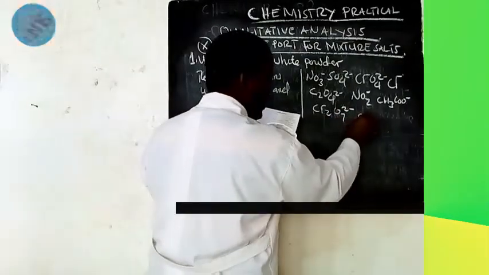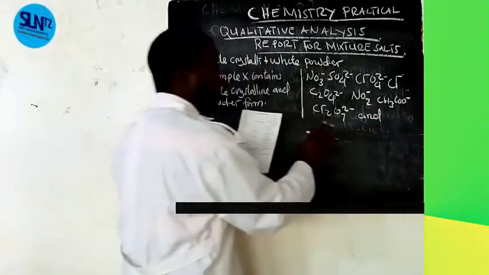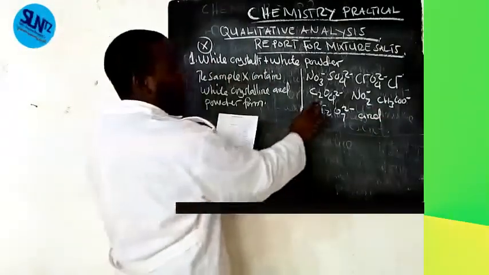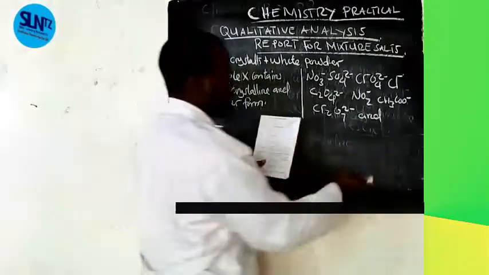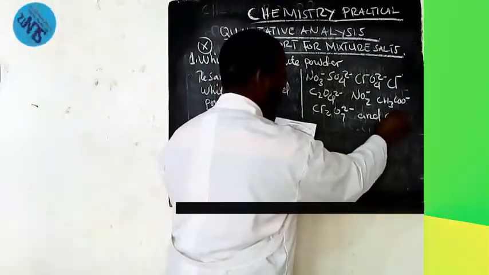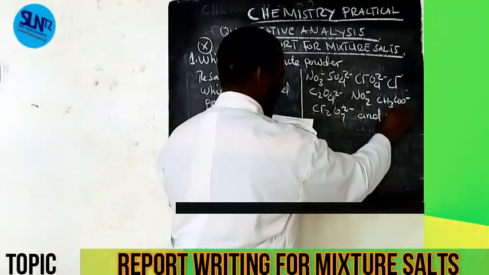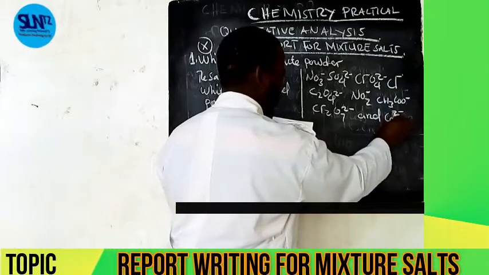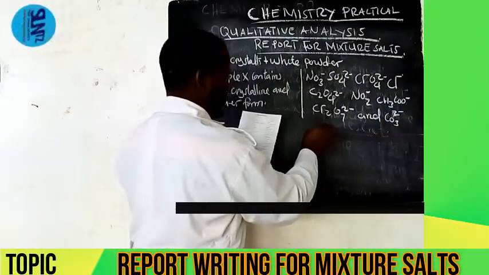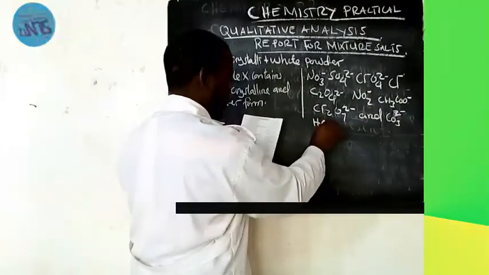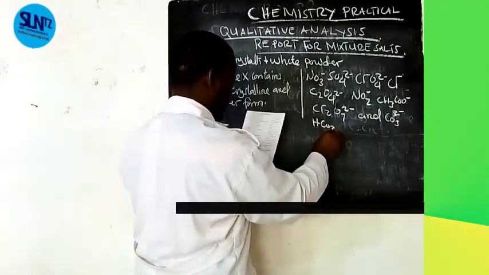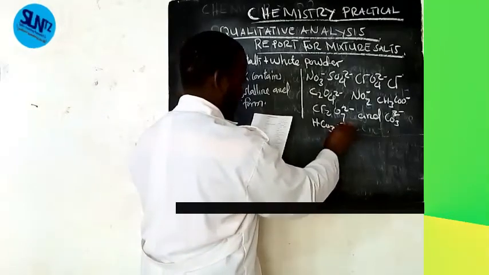This is for crystalline, and for powder there is carbonate and hydrogen carbonate.